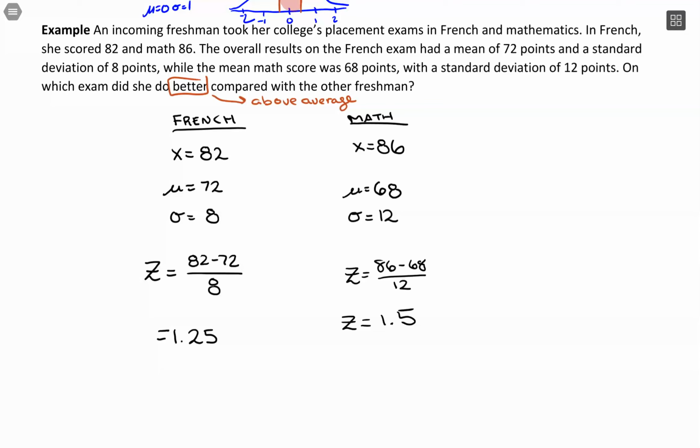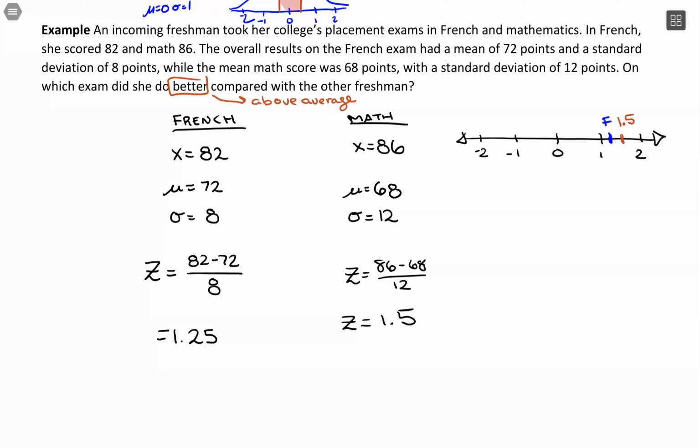And basically we want to see which one's further above average. If it helps to draw the number line that we're working with these, I'm quite visual, so I like to draw the pictures to go along with these. French exam's at 1.25, so maybe about there, and the math exam is at 1.5.